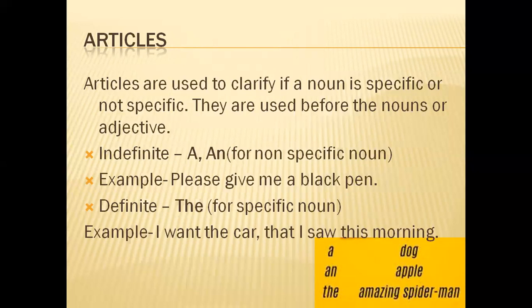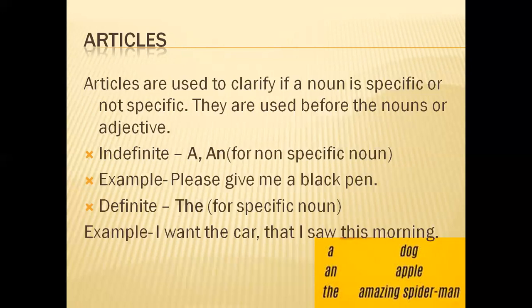When your meaning is general, use an indefinite article. Note that a is used before words that begin with consonant sounds, while an is used before words beginning with vowel sounds.